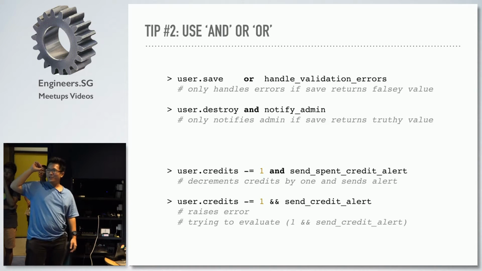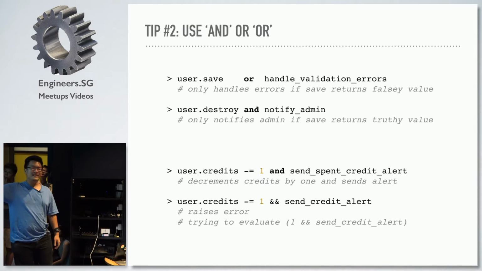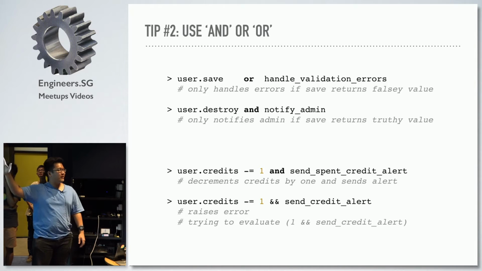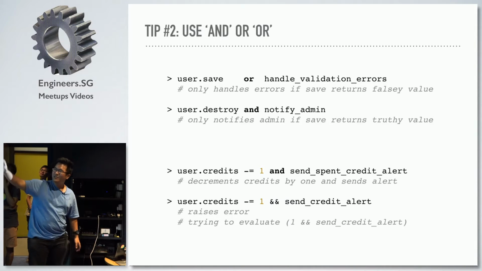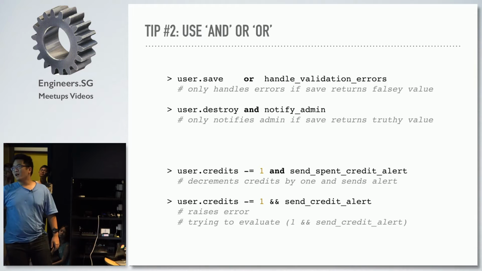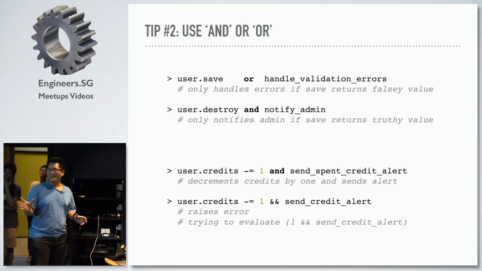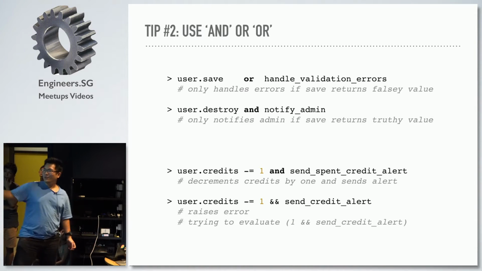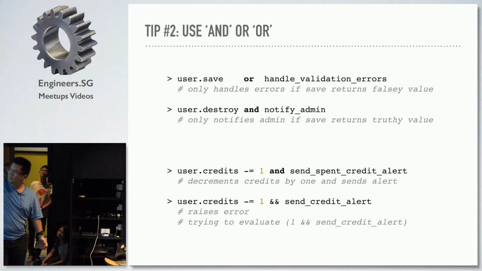In some cases, you could see yourself using the double ampersand or double pipe symbols in the same situation, like in the first two cases. But sometimes it doesn't work out quite right, especially if you're using these keywords for control flow, like in this case.